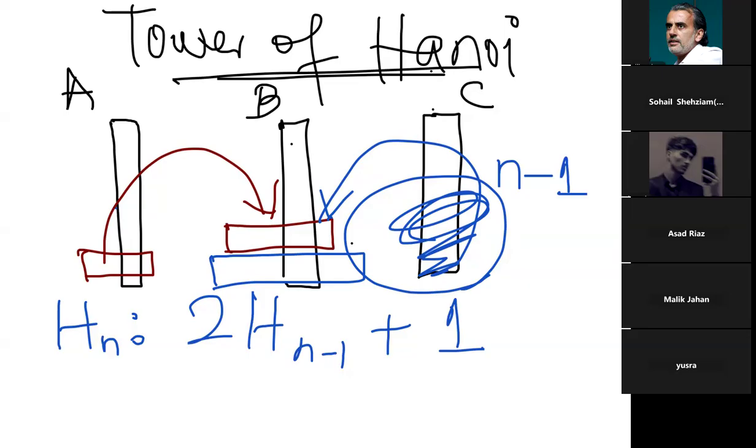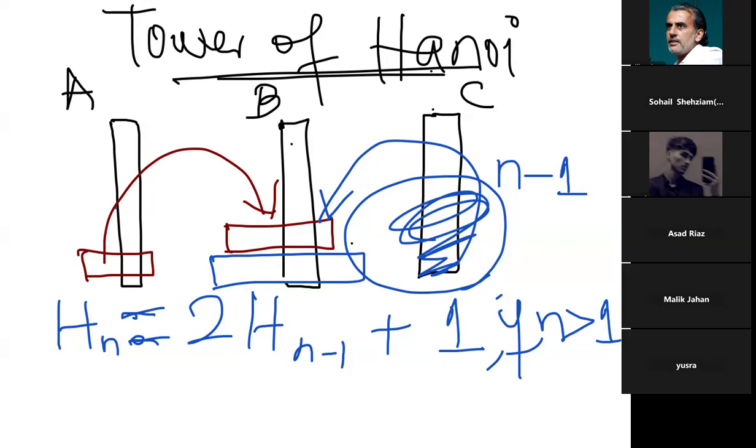So if it sounds okay that this is how the expression will look, that hn is equal to 2hn minus 1 plus 1. For what kind of n? If n is greater than 1, which means we have more than one disk, then we'll be applying this expression. But what if we have only one disk? One disk can be conveniently moved in only one step.